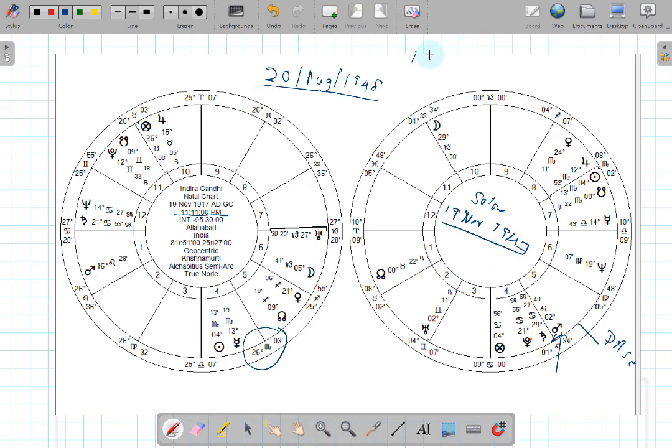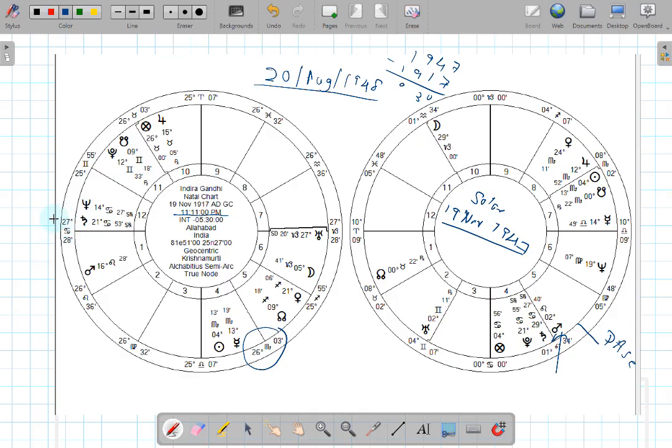Now she has completed 1947 minus 1917. This time no subtraction mistakes. So she has completed 30 years, and she is running her 31st year. So when you say 31st year, subtracting it from the nearest multiple of 12, 31 minus 24 is 7. So the 7th sign from the ascendant sign is now the perfected ascendant sign.